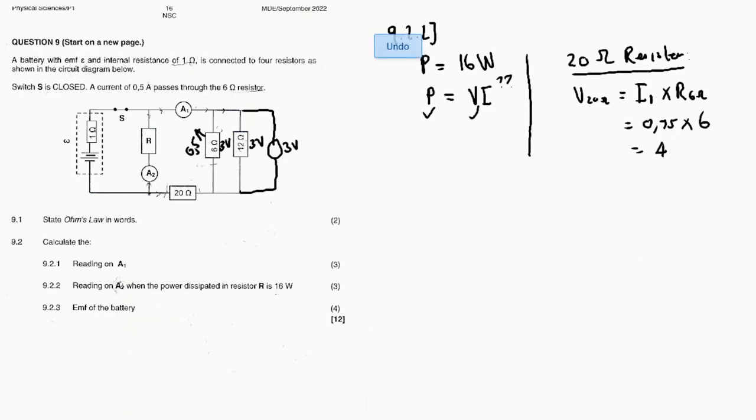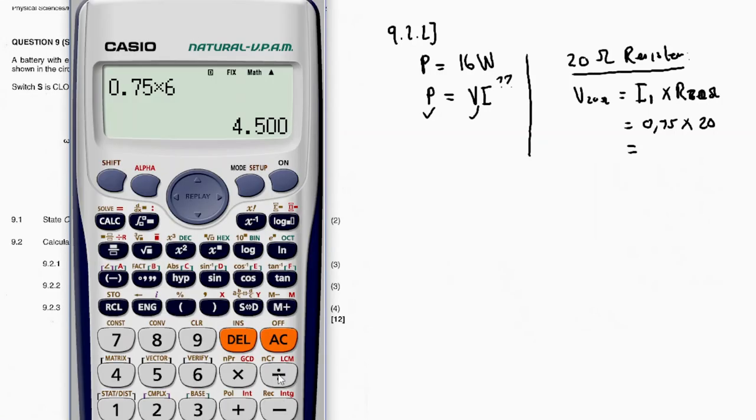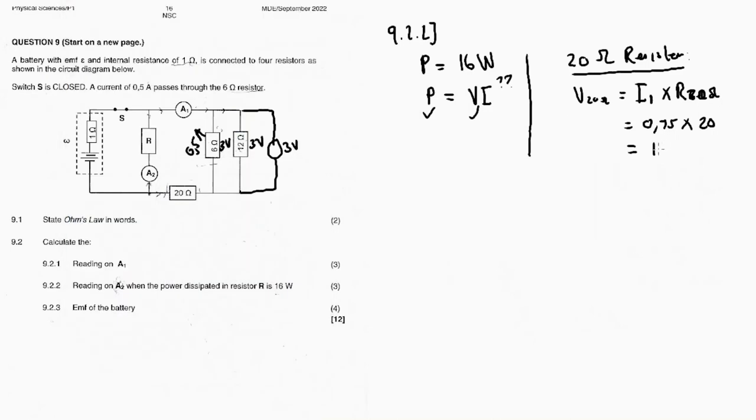What's wrong? It's 20, not 6. I made a mistake there; it's the 20 ohm. So 0.75 times 20 is 15. So it's 15 volts. This is our answer here.